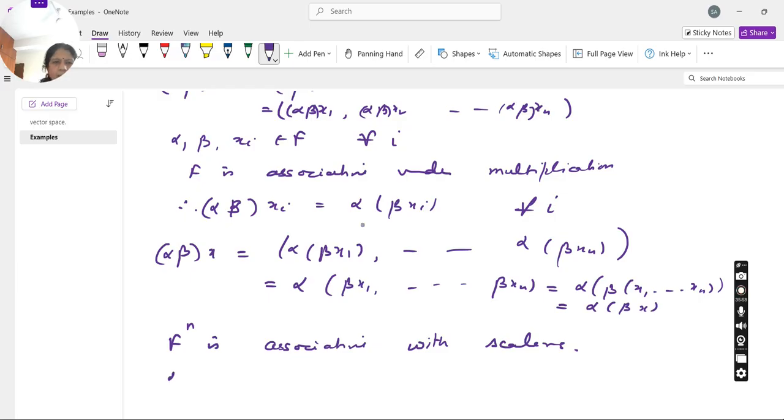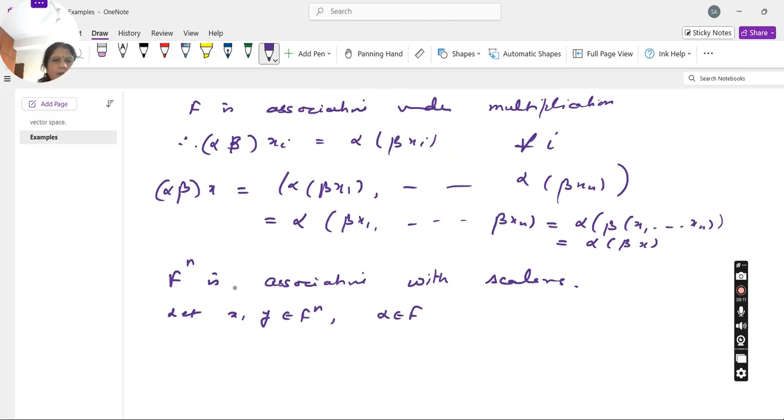Let X and Y belong to the n tuple of F and alpha belongs to F. It means that X is again (X1, X2, ..., Xn) and Y is (Y1, Y2, ..., Yn).